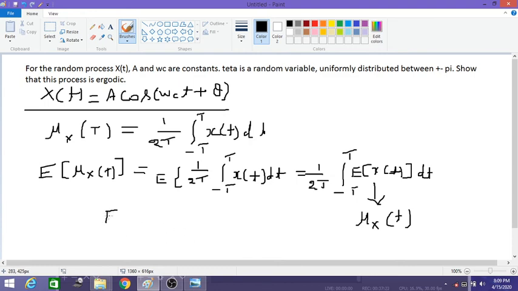It means we can write the expectation of mu x of t, this is small t itself, then expectation is equal to mu x of t.